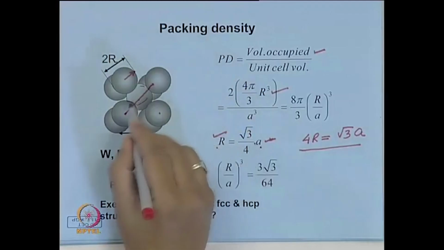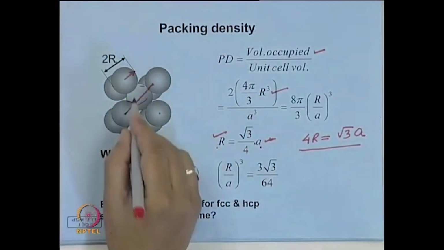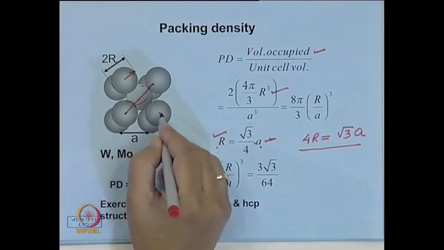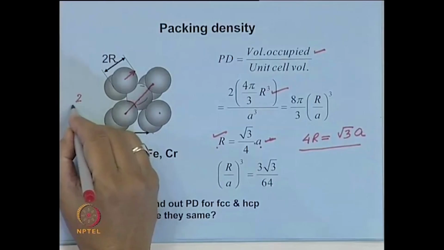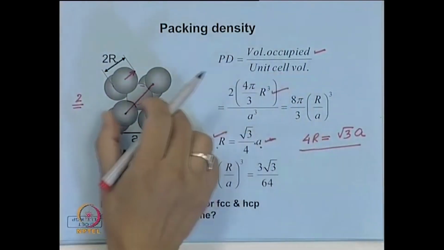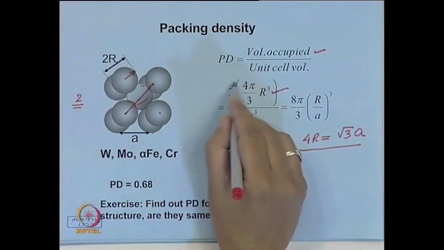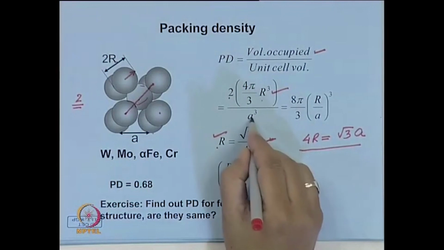As I have shown last time, in a BCC lattice, the number of atoms per unit cell is equal to 2. So, therefore, in each unit cell you have 2 atoms. So, total volume occupied is twice this over the volume of the unit cell.